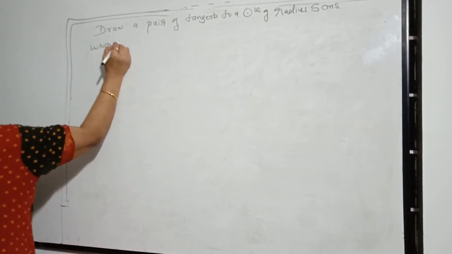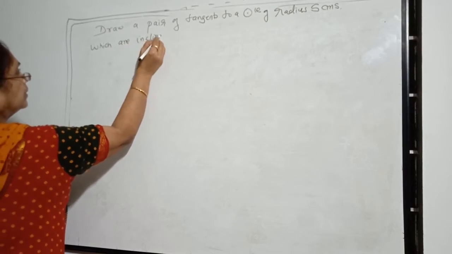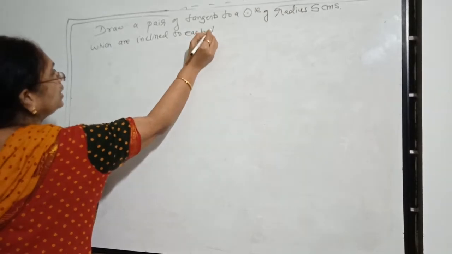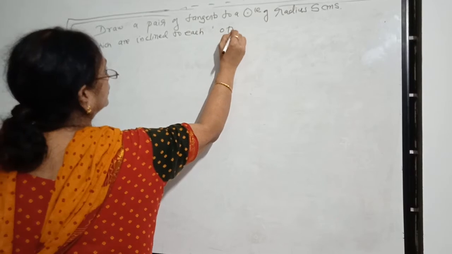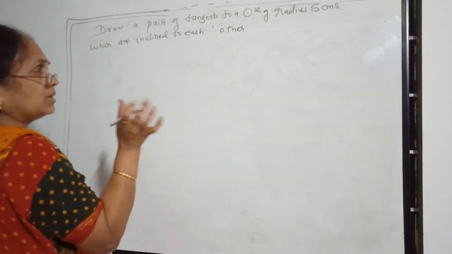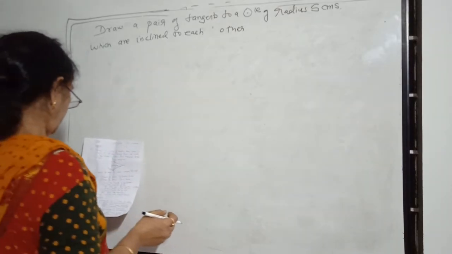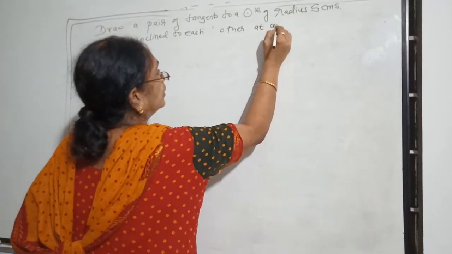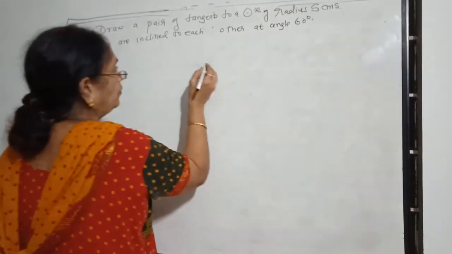This is important. What is the meaning of this statement? It means the tangents make some angle with each other, inclined at an angle of 60 degrees. What is the meaning of this?